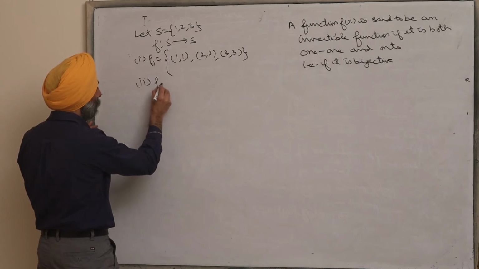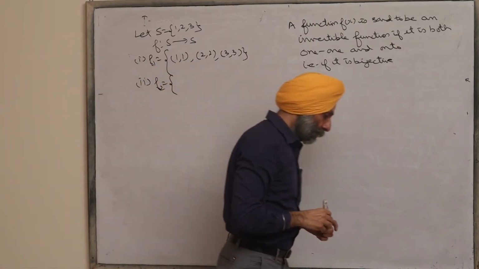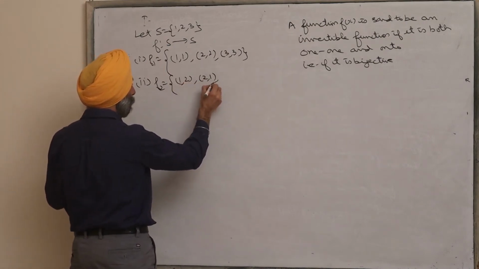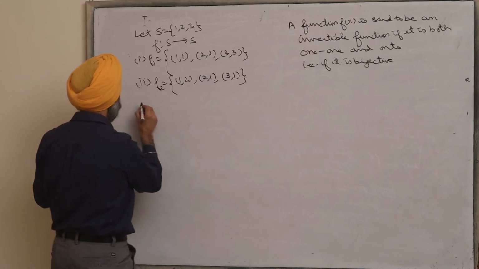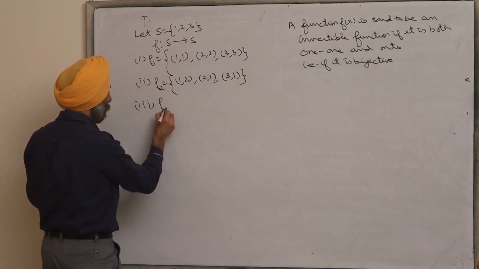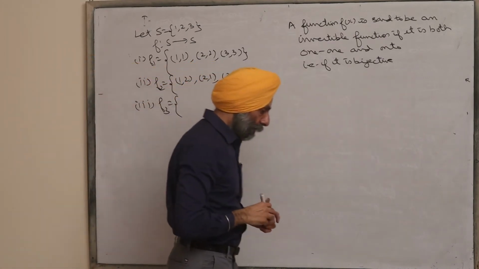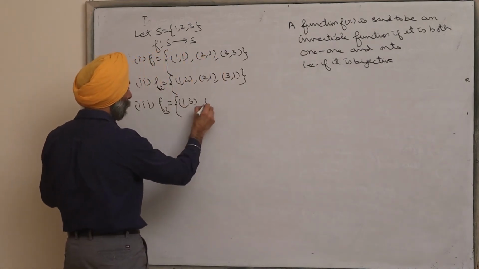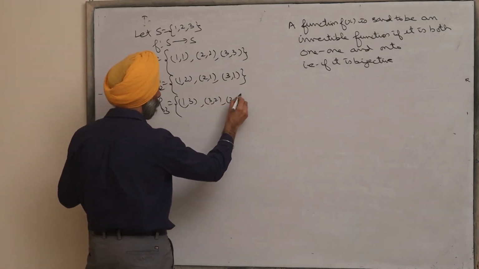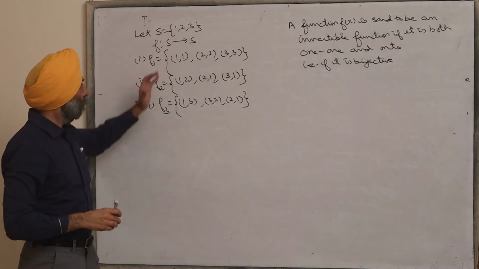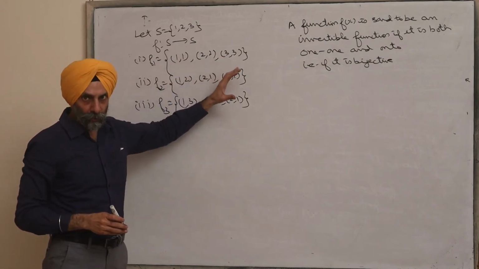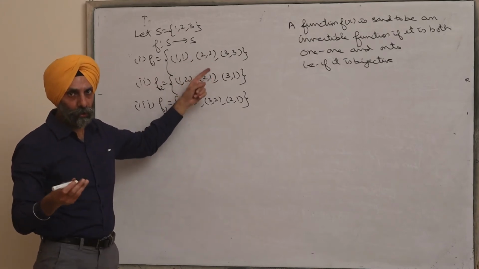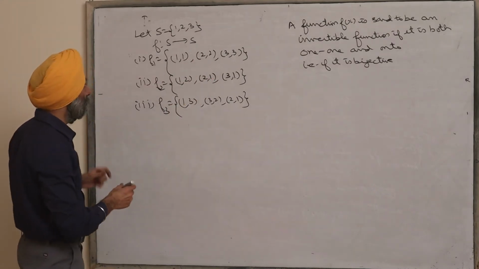Second is f2 equal to {(1,2), (2,1), (3,1)}. And third is f3 equal to {(1,3), (3,2), (2,1)}. We have to see which one of them is an invertible function, and if it is invertible, how to find the inverse and write it as ordered pairs.